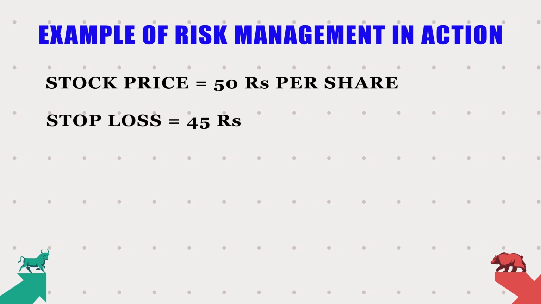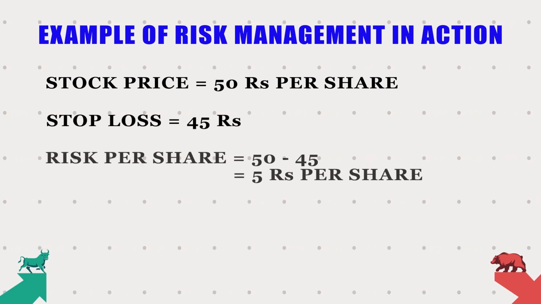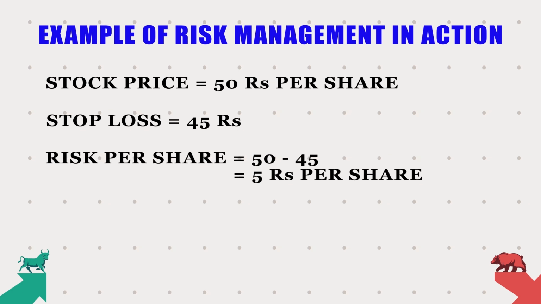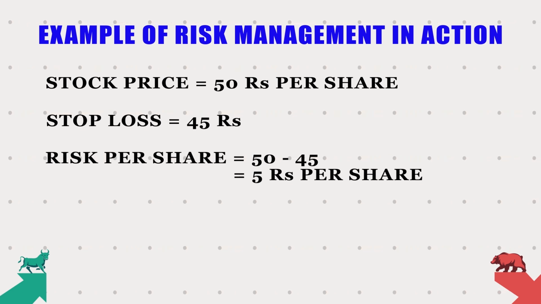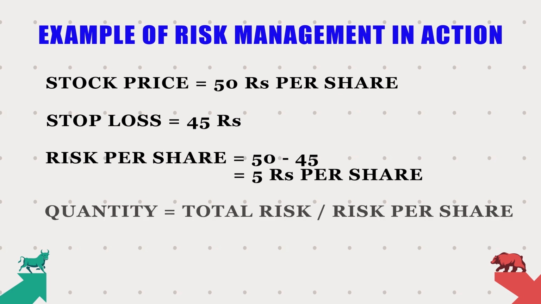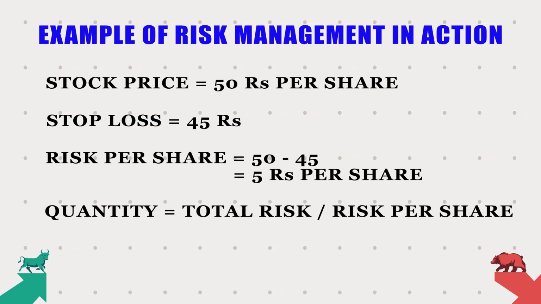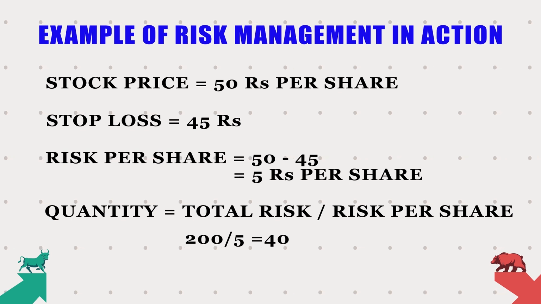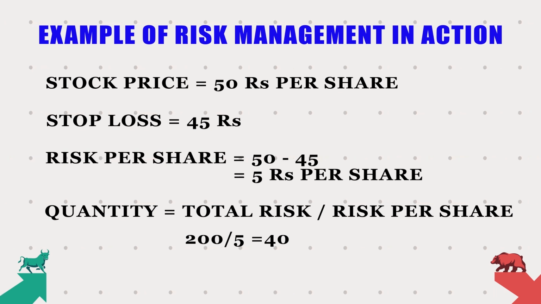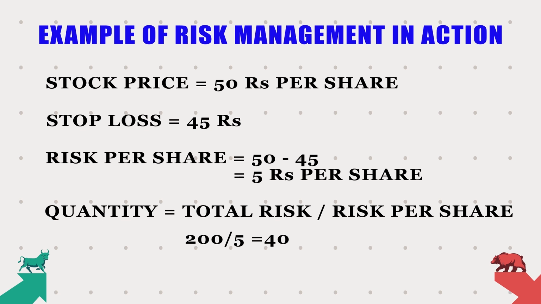To determine how many shares to buy, you divide your total risk, 200, by your risk per share, 5. That comes out to 40 shares. So if the stock hits your stop loss, you'll only lose $200, which is 2% of your account. This approach ensures you don't lose more than you can afford on any given trade.